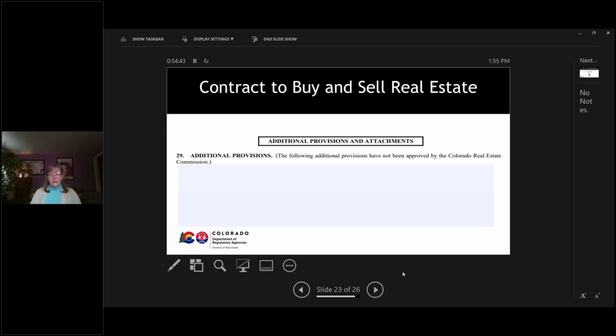You need to understand those clauses as well too, because when the market settles down, you may find out later on down the road when you go to refinance or sell the property that you paid a lot more right now than it may be worth here in 5 years. And if it's due to an appraisal gap clause or an escalation clause, some of that you took into consideration and you agreed to. So those are the types of things that will be covered in additional provisions.